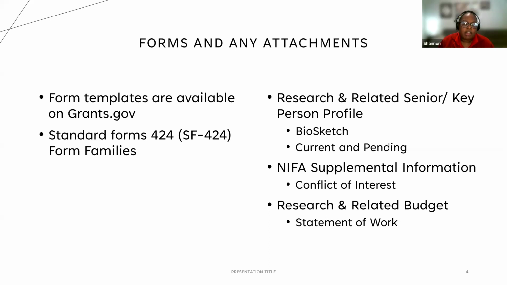Then we have the NIFA supplemental information, which is your conflict of interest form, which has a template to it. And one that's not really on the website, it is just a supplemental form, but it's the research and related budget form, which is your statement of work.